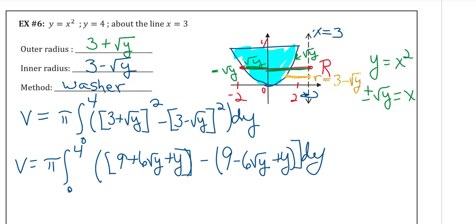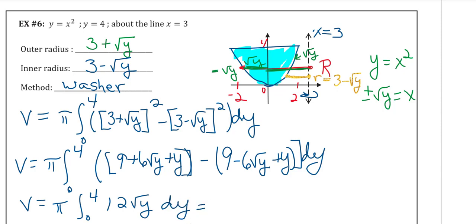So simplifying, we get the 9's will cancel, the y's will cancel, and we're left with, and I don't even need the parenthesis here now, just 12 times the square root of y dy.